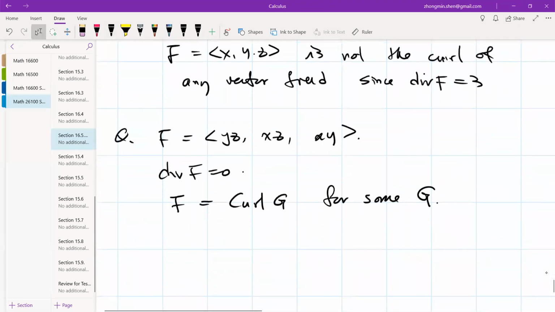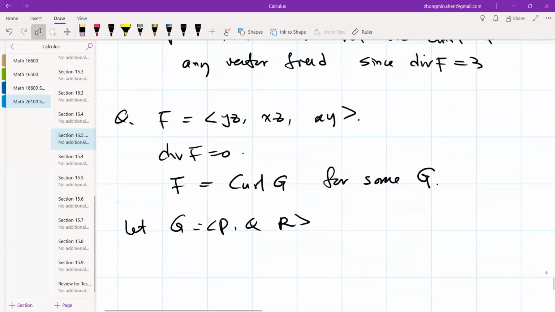It's hard to prove. The reason is, if G is (P, Q, R), what do you have to do? You have to solve those equations. The curl of G: the first component, R_Y - Q_Z, equals YZ.